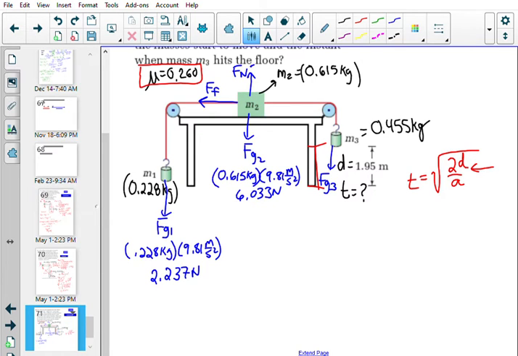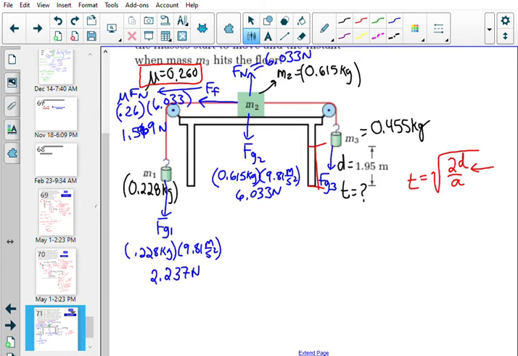That means I know my Fn is 6.033 newtons, which means I can get Ff, which is mu Fn. So it's 0.26 times 6.033, which means the friction comes out to 1.569 newtons.